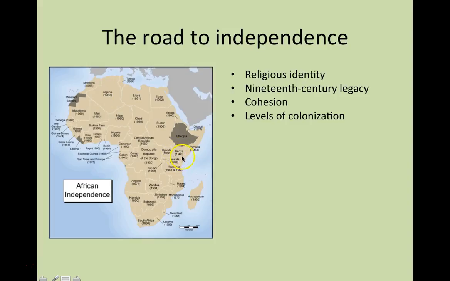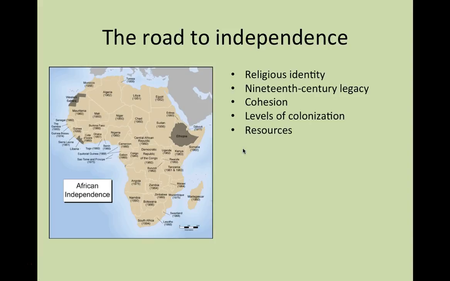We see similar levels of violence, maybe not quite so much as Algeria, but pretty high levels of violence in Kenya. Because there were a lot of white settlers there, and then of course we're going to see a lot of violence in South Africa and Rhodesia, which also had high levels of white settlement. So the level of colonization was a key factor.